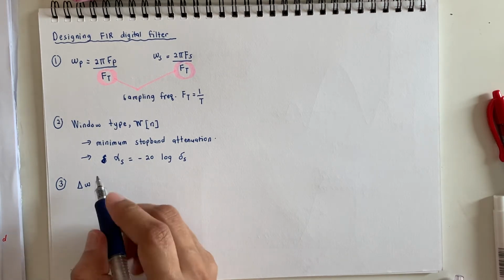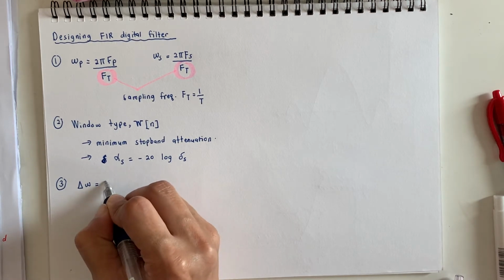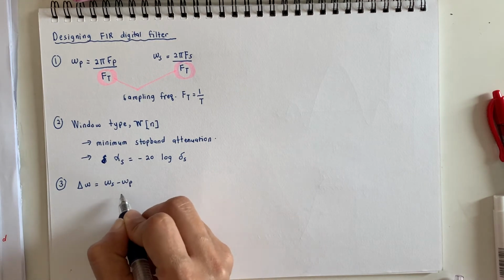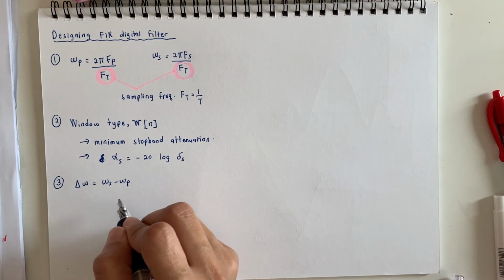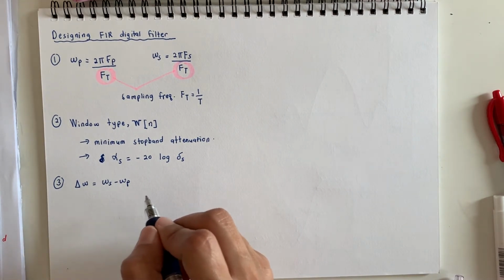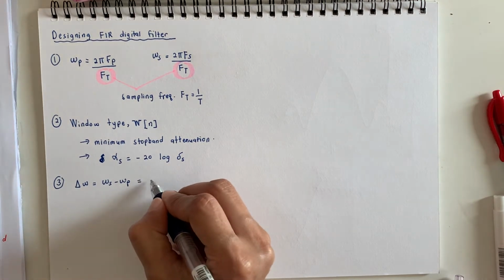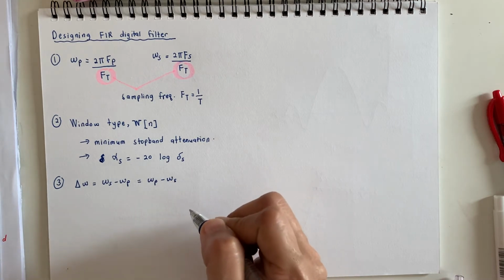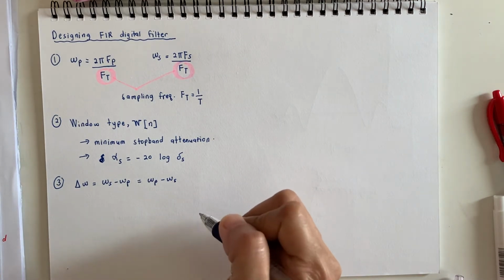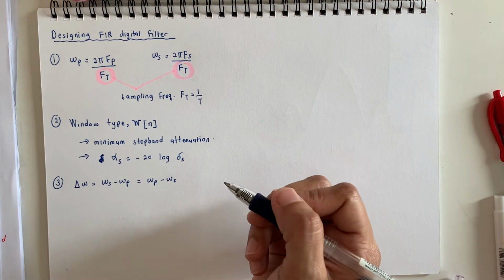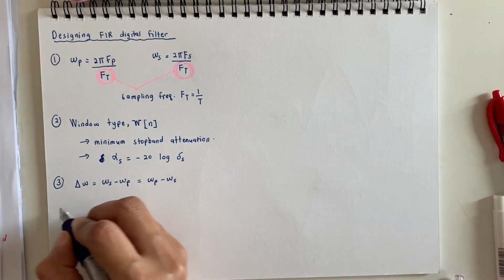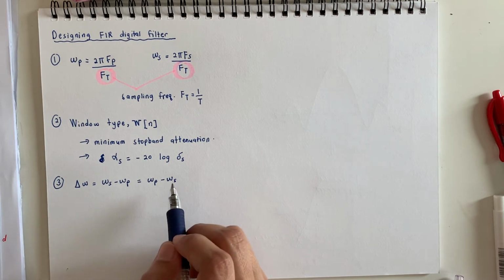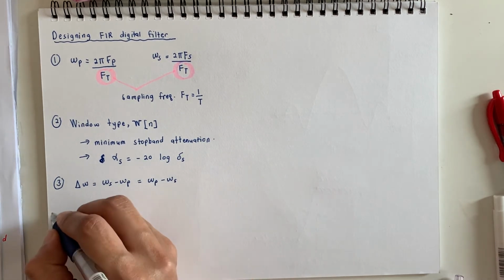So delta omega is either omega s minus omega p if the filter is a low pass filter, or omega p minus omega s if the filter is a high pass filter. So it depends on what type of filter you have to design.